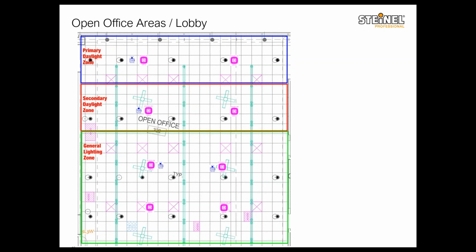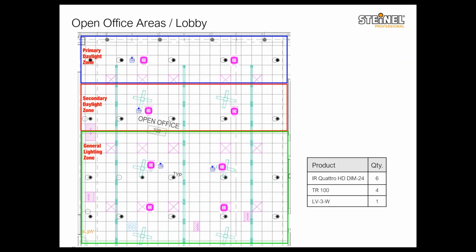Now, you may wonder why IR Quattro HD DIMM-24 is used here and not a dual tech or an ultrasonic, because this is an open office area. It's very likely that we would have partitions there that would block the PIR sensor.